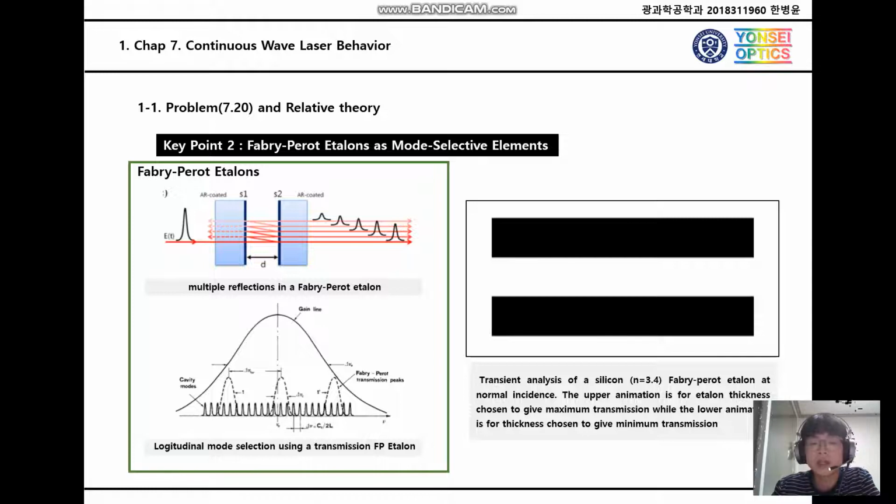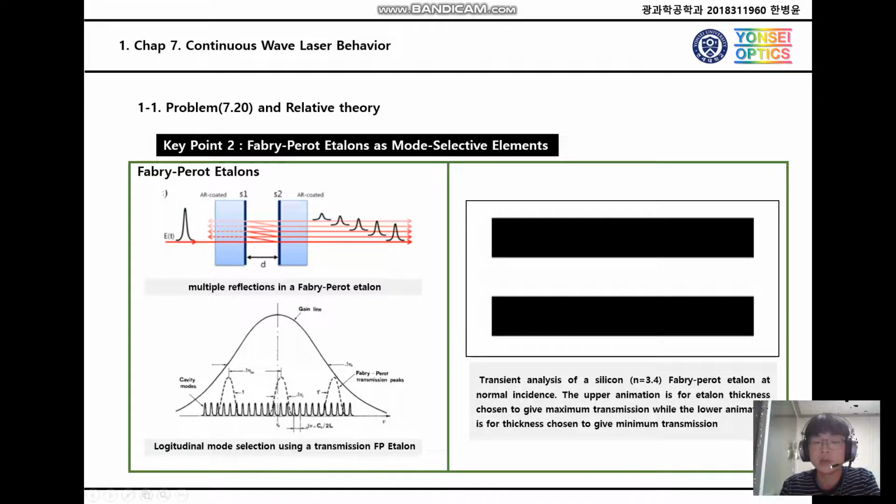Whether the multiply reflected beams are in phase or not depends on the wavelength of the light, the angle the light travels through the etalon, the thickness of the etalon, and the refractive index of the material between the reflecting surfaces.